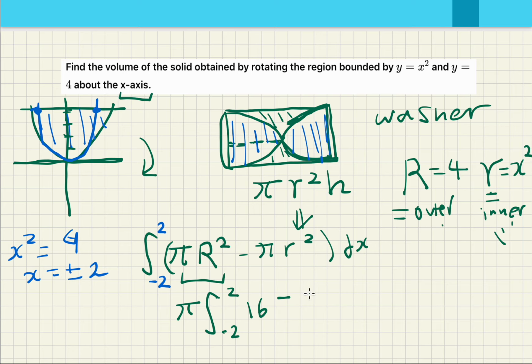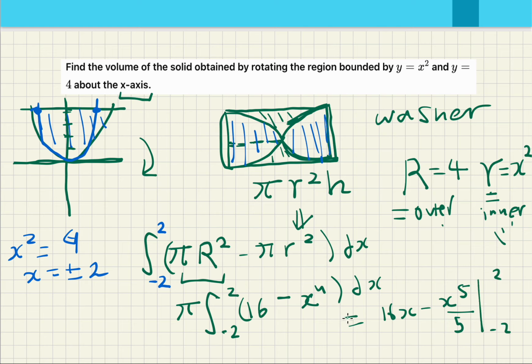X squared to the power of 2 is x to the power of 4, and this dx. From here, all we need to do is integrate. We can do this by using the power rule on each term. We would get 16x minus x to the power of 5 over 5 evaluated from -2 to 2.